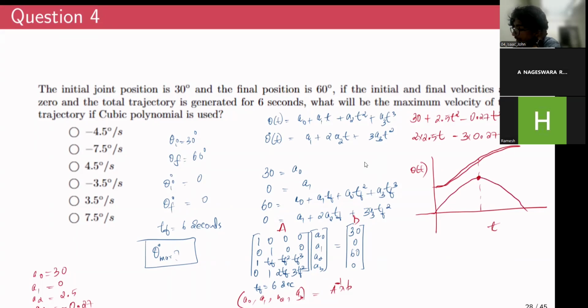It's basically obvious that the maximum velocity occurs at time t equal to tf by 2. So if you substitute tf by 2, which is 6 by 2, which is 3 seconds, into the equation of theta dot of t, you will be able to get the correct answer.